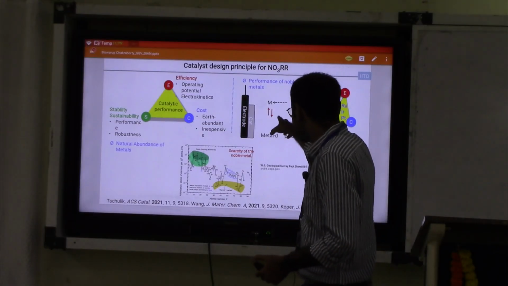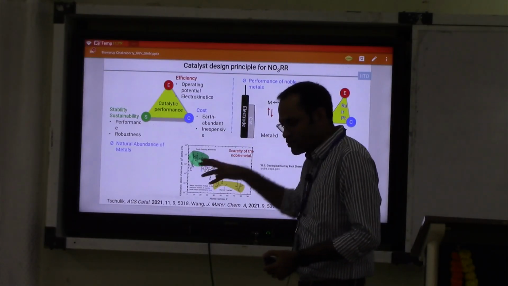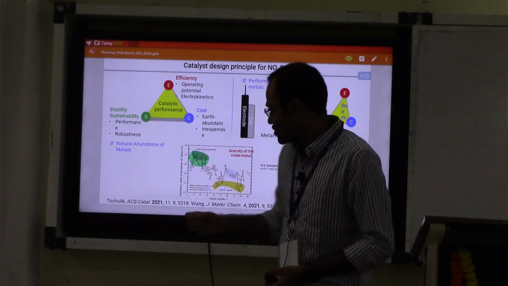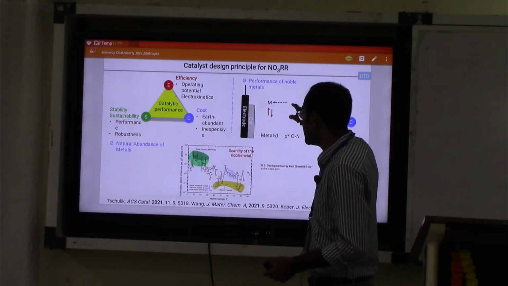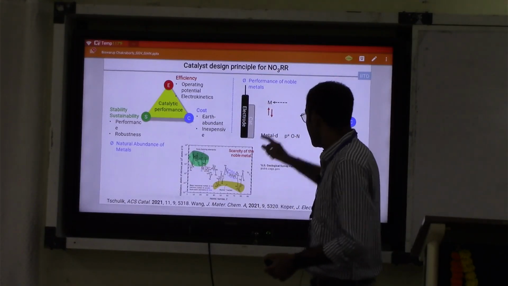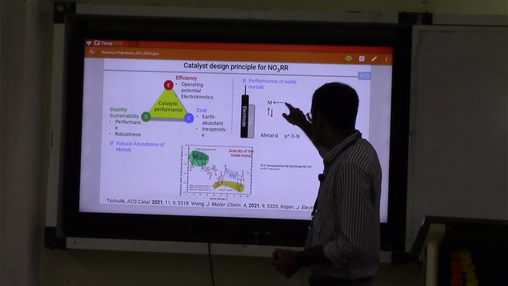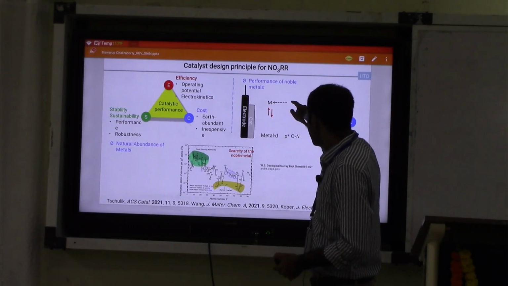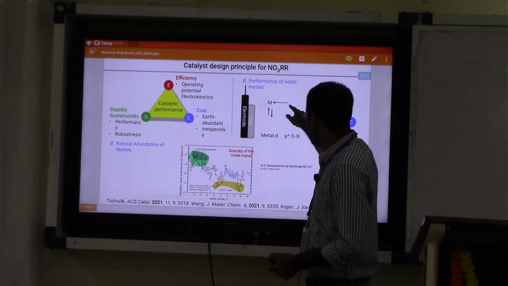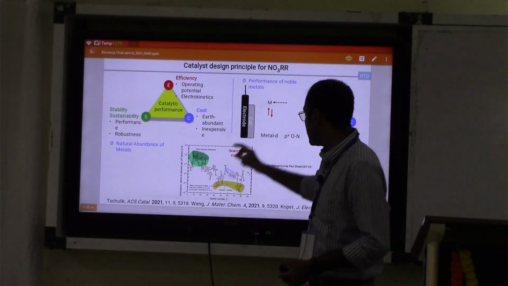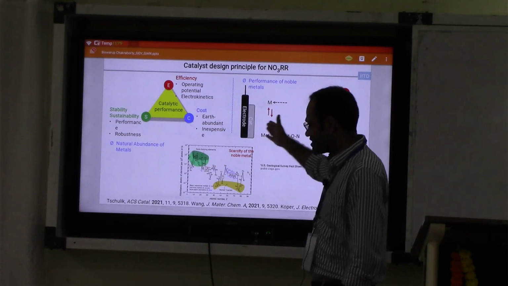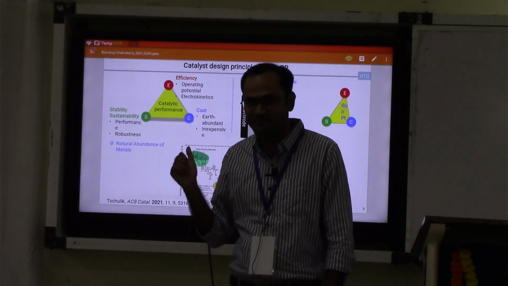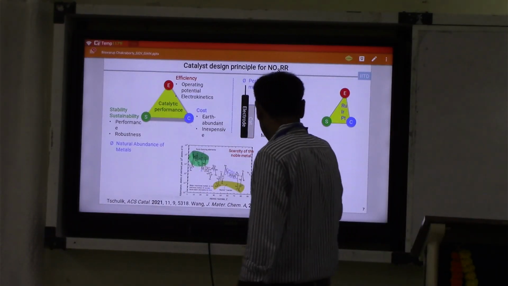Now, why are noble metals best? Again the diagram is missing. Let's assume that here you have a nitrate molecule and here you have the metal. Now if you take NO3 minus and one of the oxygens is coordinating to a metal center, I have drawn the orbital diagram here that could have helped you, but unfortunately it's not working.